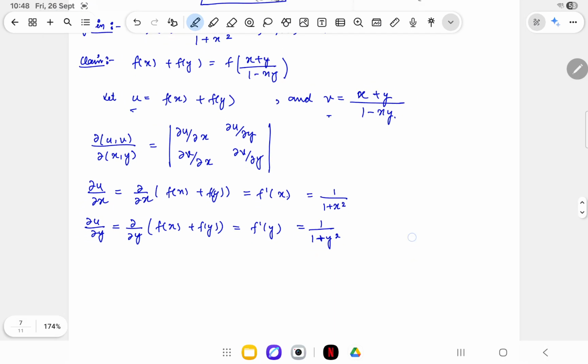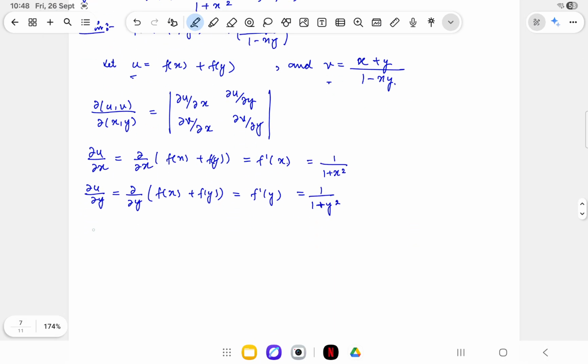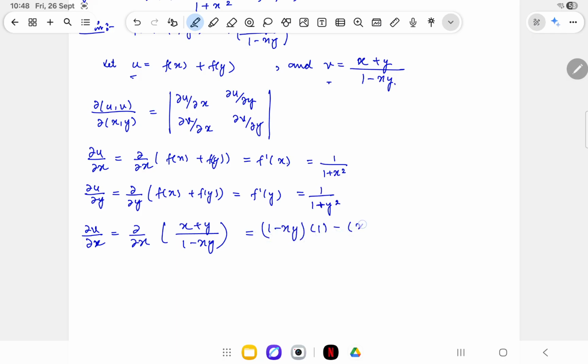So we got del u by del x and del u by del y. Let's find out the partial derivatives of v with respect to x and y. The partial derivative of v with respect to x will be del by del x of x plus y divided by 1 minus xy, and it will be 1 minus xy into 1 minus x plus y into minus y, divided by 1 minus xy whole square.